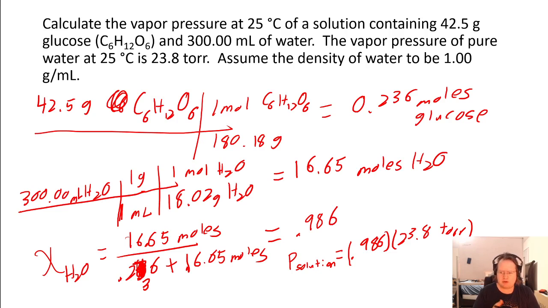But here, because mole fraction is a unitless quantity, as long as we're using a pressure there, we can use it in any unit we wanted to, as long as we know how to get there. So I've got 0.986, and I'm multiplying it by 23.8 torr. And I'm going to get that my new pressure for the solution is going to be 23.5 torr.